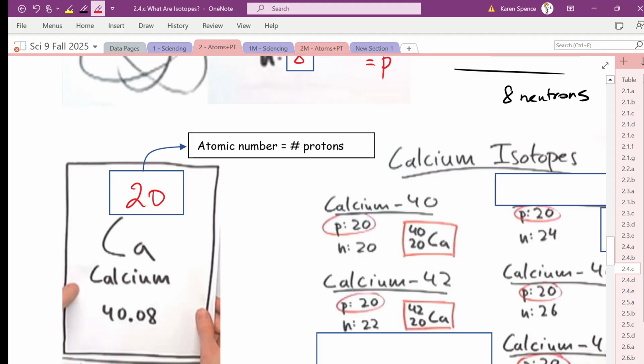What does that tell us? Calcium has 20 protons. By the way, how many electrons would a calcium atom have? It would also have 20 electrons, because the total charge is 0. You need to have 20 positives and 20 negatives.